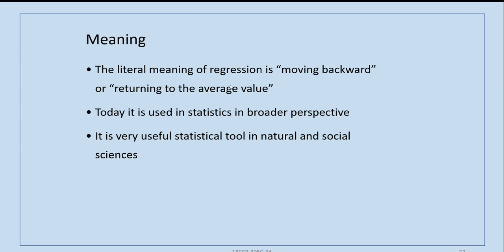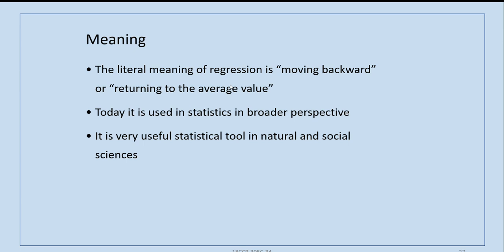We cannot say whether it is there or not, but after the fourth day only we will be knowing what is actually happening. So that is called predicting. It is a very useful statistical tool in natural and social sciences.